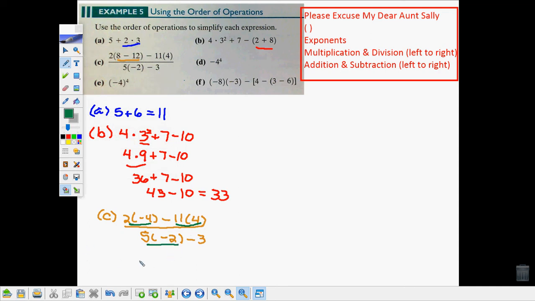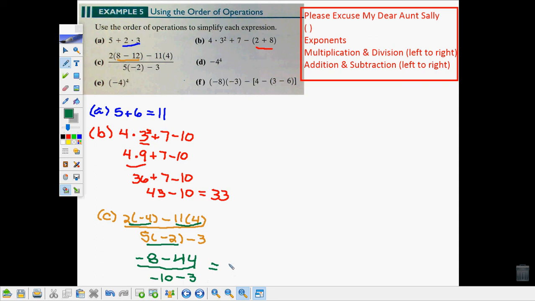So on top, 2 times negative 4 is negative 8, minus 11 times 4 is 44. Then on bottom, 5 times negative 2 is negative 10. Then we have minus 3. So all of our multiplication and division is clear. So now we have just addition and subtraction.